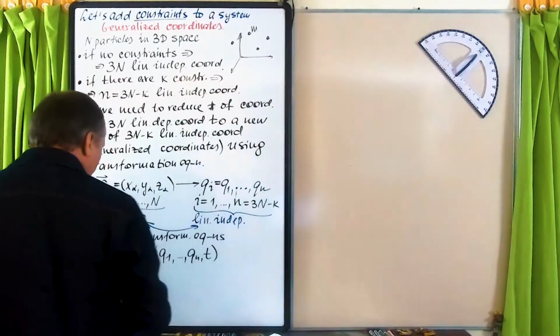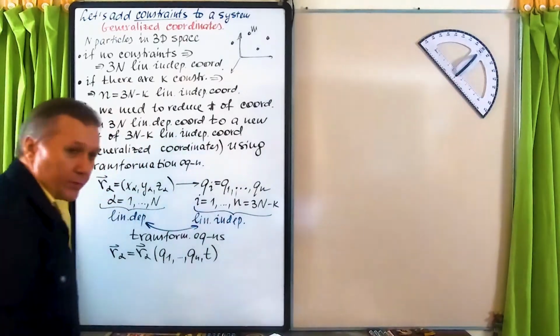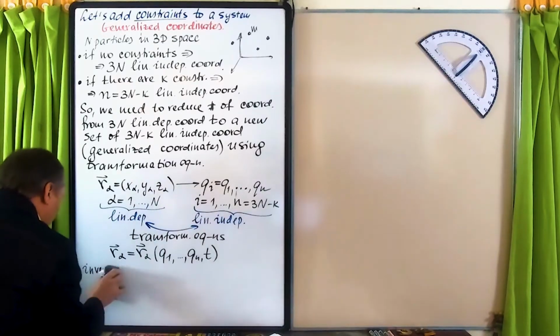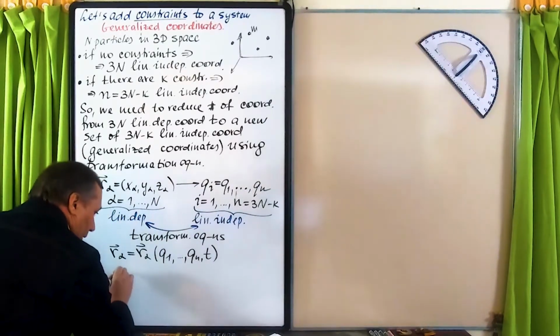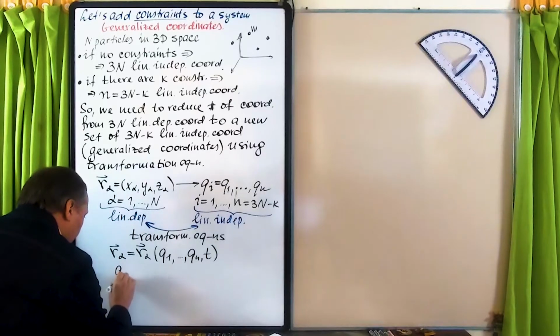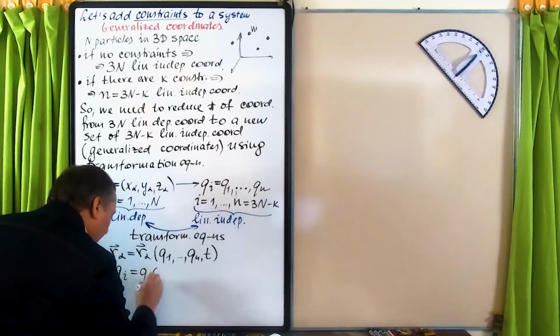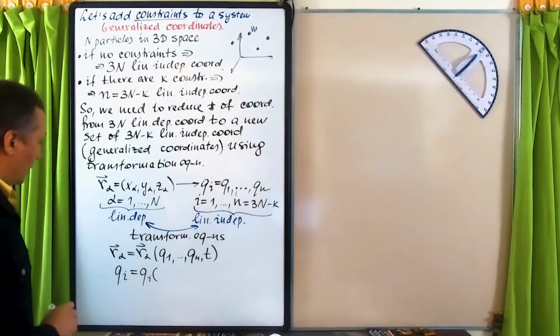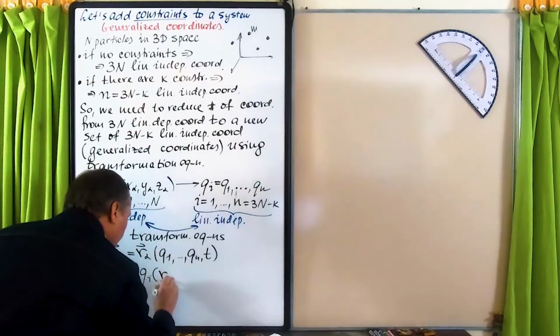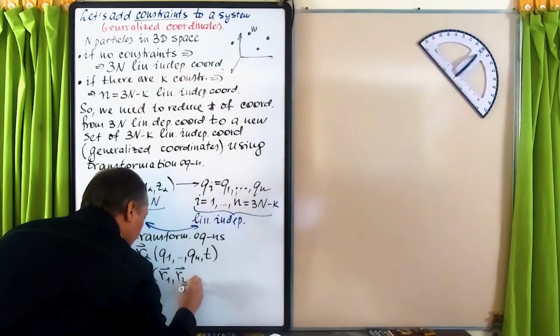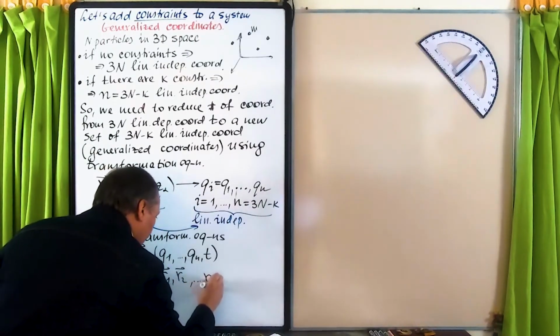in the transformation equations. And in the opposite direction, inverse, which way can I write? So Qi will be a function of all these Cartesian coordinates, R1, R2, and so on, Rn, right?